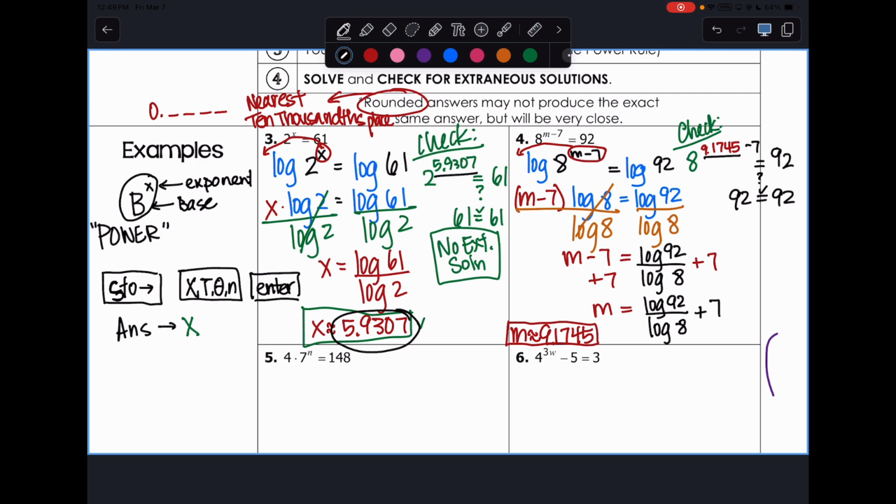If I press the STO button, that means you're storing the exact value of log of 92 divided by log of 8 plus 7, so it'll just run for me. You won't need to even round it. It would remember all the digits, even past what you can see, so it'll use that exact value for x.